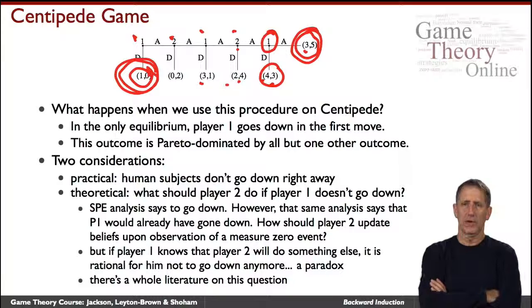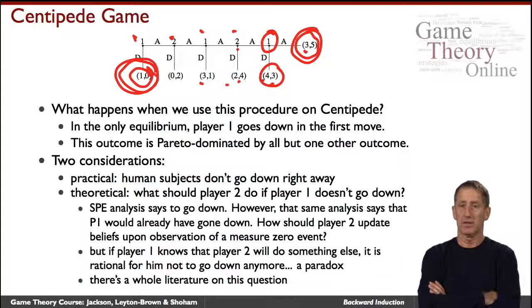But there's also another problem that's theoretical in nature. We know that the only subgame perfect equilibrium is one where agents defect, go down at any point in time. Now imagine that the game starts and player 1 goes across, does not go down. What does player 2 do?